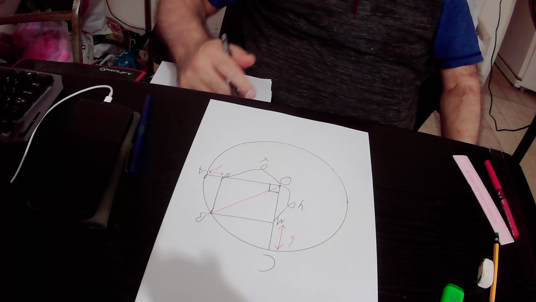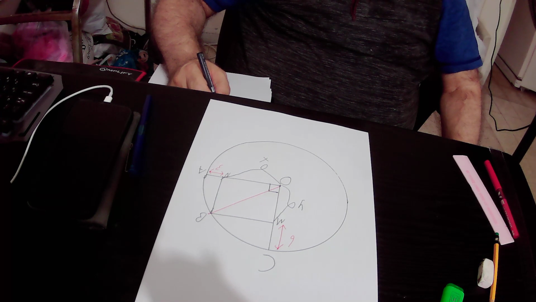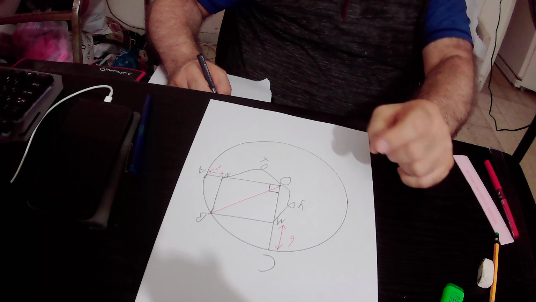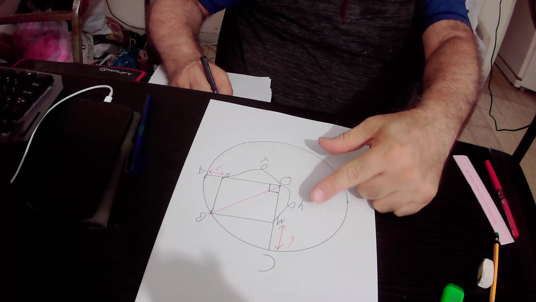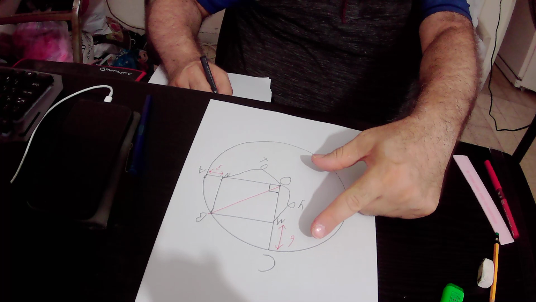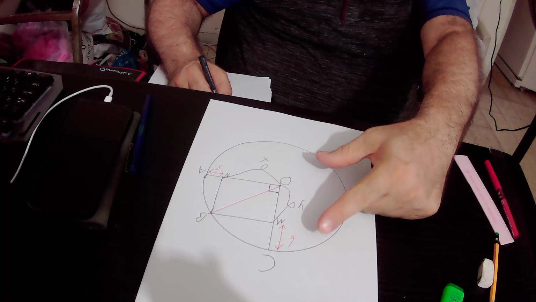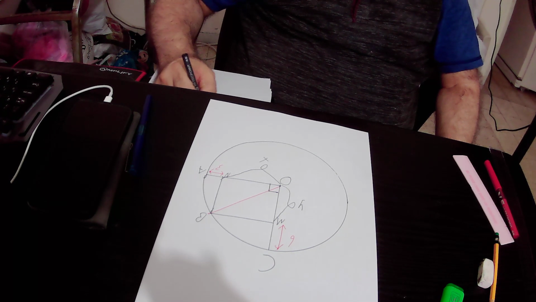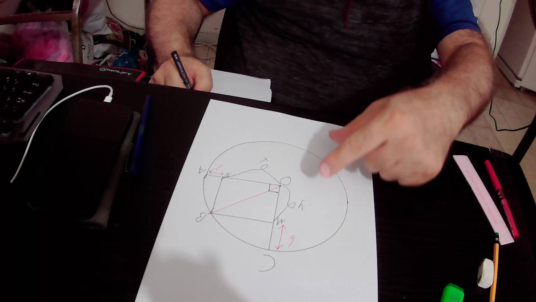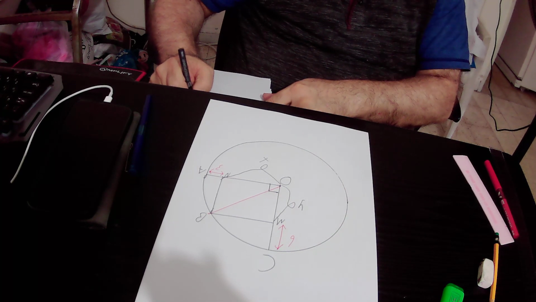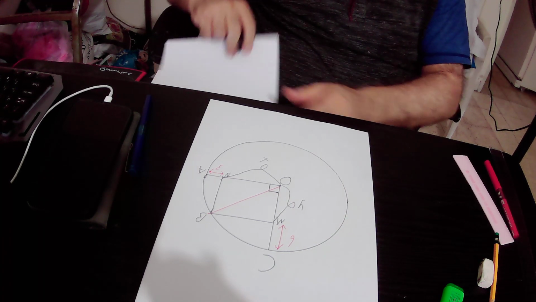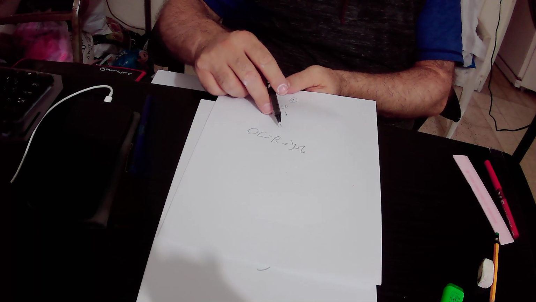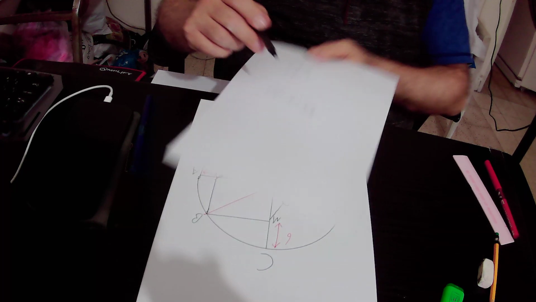So OC, that is the radius of this circle, equals Y plus 6.